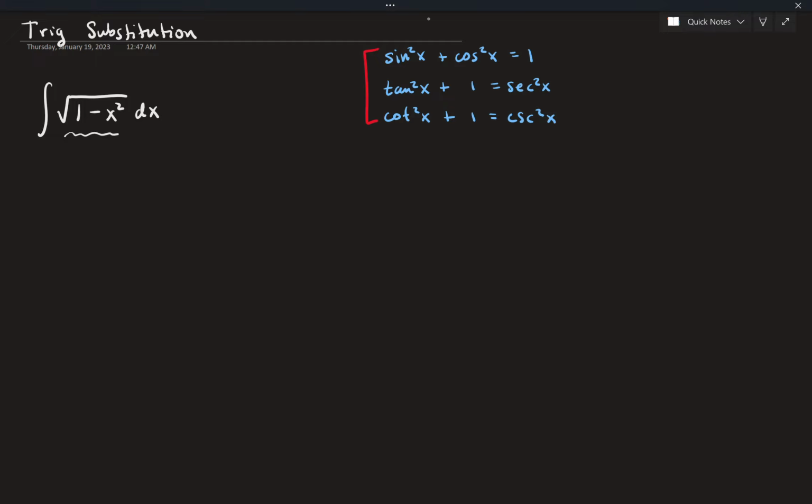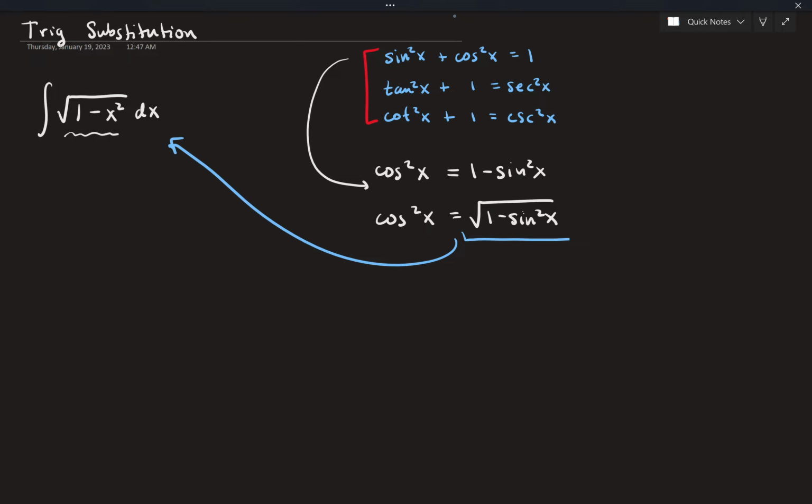For example, if I take this identity over here and I subtract sine squared x from both sides and then square root, then you'll notice that this basically looks like what we have in our integral. So the point is, when you see 1 minus x squared or something minus x squared or square roots, that's your sign to use trig sub.